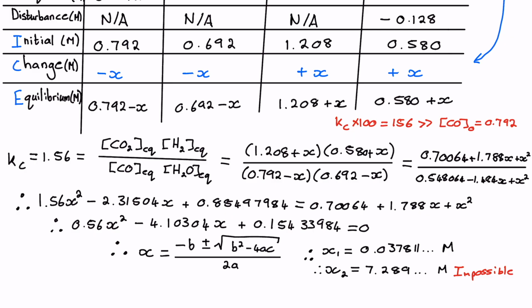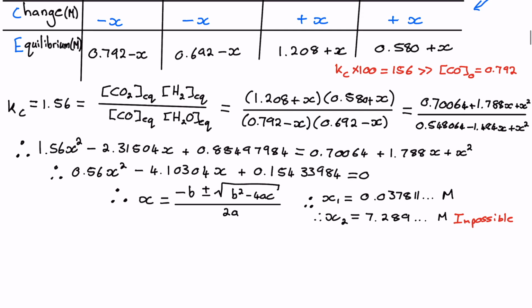So that is why we use x1 to calculate our equilibrium concentrations. So the concentration of CO at equilibrium is equal to 0.792 minus x. X is 0.037811. So that means we get a rounded value here of 0.754 molar.